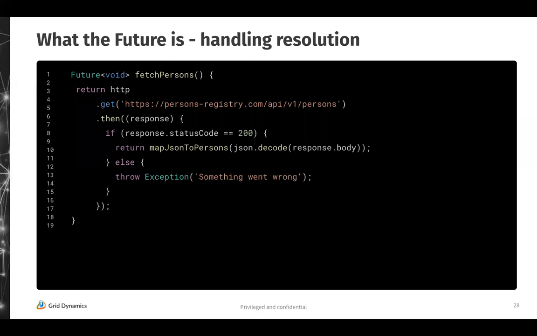And that is the occasion where we need to handle explicitly some error occurred during this asynchronous request. And we have an API for this as well. This method called catchError, where we, in the same fashion, should provide some callback, which will be executed in case of failure of the underlying asynchronous operation.